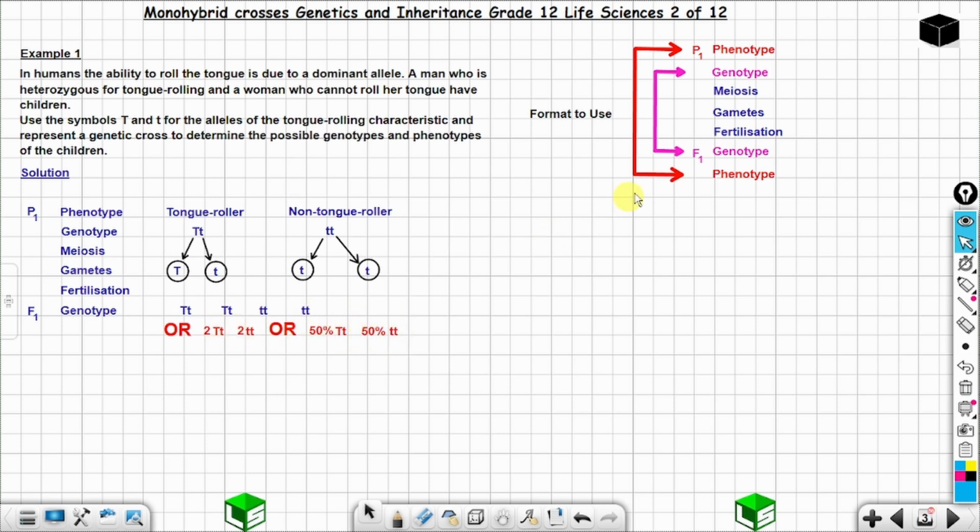Now we are done with the genotype of F1. Now the phenotype of F1. Okay, the phenotype of F1, the physical appearance. Now from this, you have 2 tongue rollers and 2 non-tongue rollers. So you can give your answer like this, or as percentage. Okay, 50% tongue rollers and 50% non-tongue rollers.